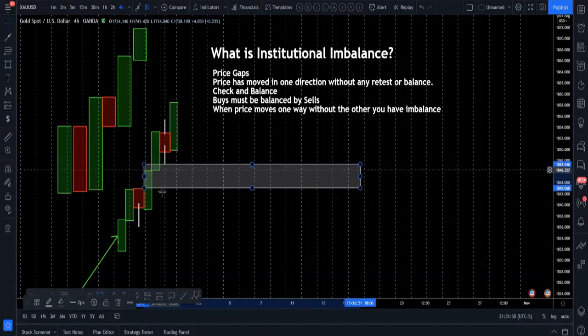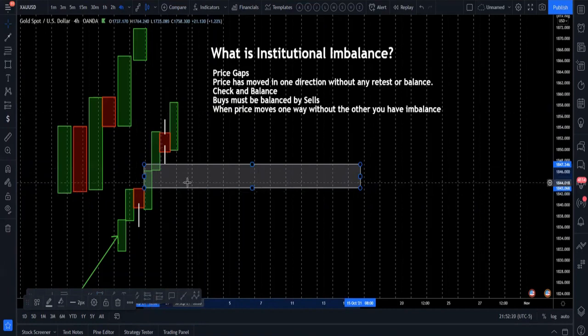You have open buy orders, or unbalanced buy orders, in the market. And they may take a few candles, they may take a few days. Time doesn't really matter with market makers, as long as the objective is complete. And the objective is keeping the market balanced and capturing liquidity.